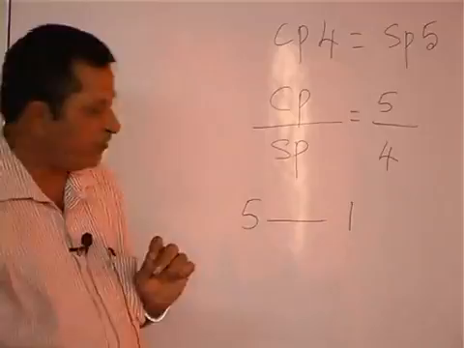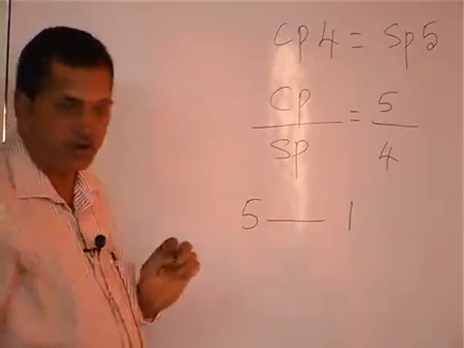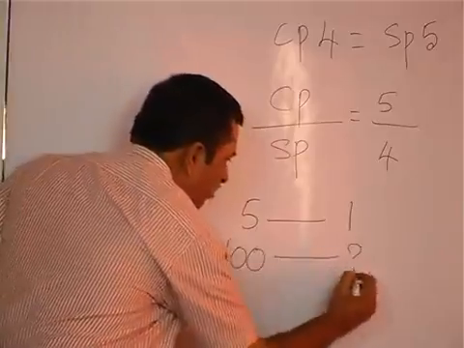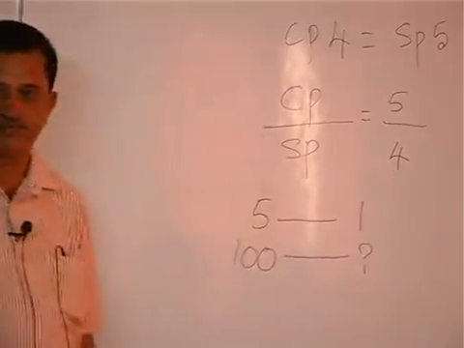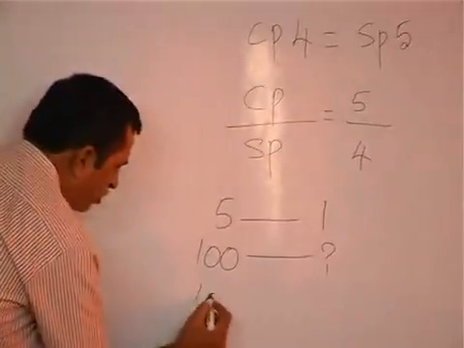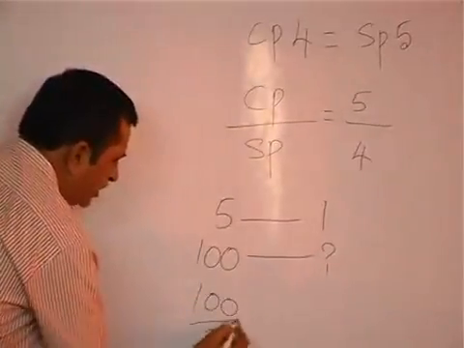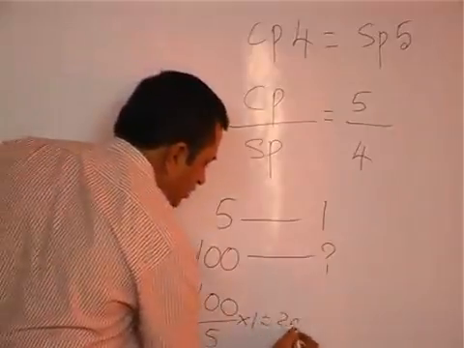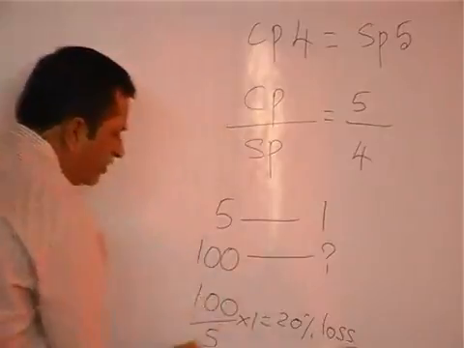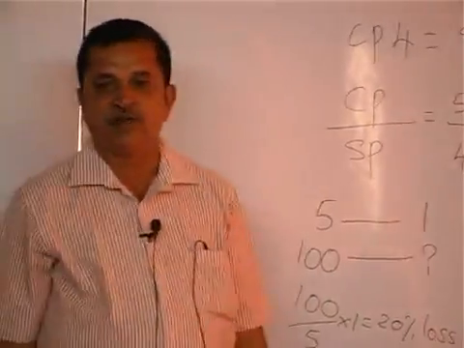For an investment of 5 rupees, the loss is 1 rupee. For an investment of 100, what would be the loss? It will be more. More by less into 1. That is 20% loss. These types of problems you have to take like this. Okay.